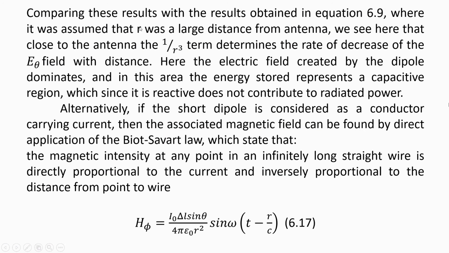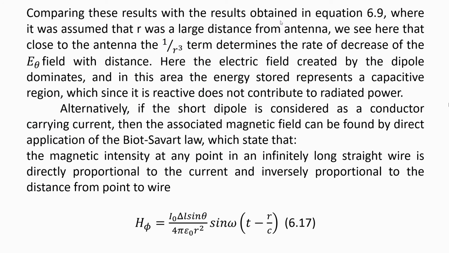So comparing these results with the results obtained from 6.9, where it was assumed that R was a large distance from the antenna, we see that close to the antenna, the one divided by the distance in the third order term determines the rate of decrease of the electric field in the meridian component with distance.